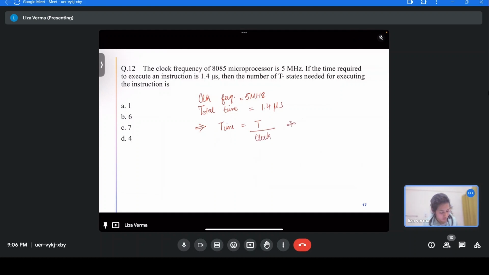To calculate T states, you get total time into the clock frequency, which is 1.4 into 10 power minus 6 into 5 into 10 to power 6, which is 1.4 into... Did something wrong here, right?